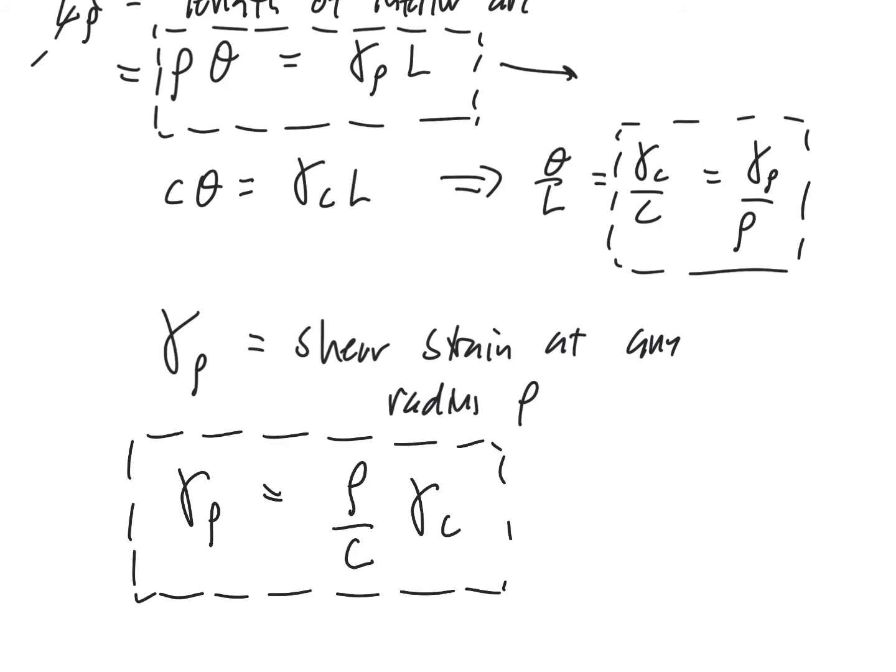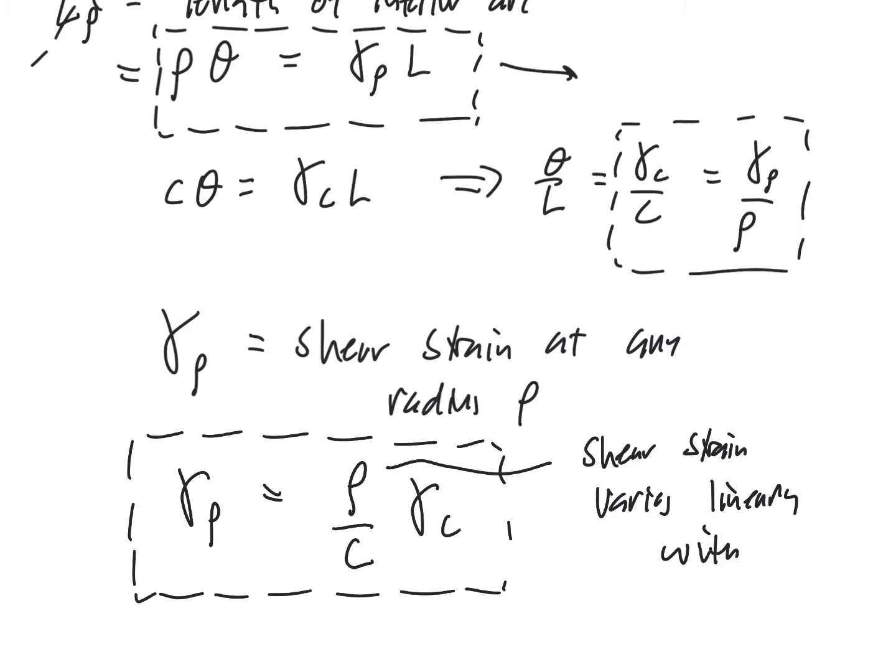And that is a big, big result for us. This is huge, because it basically says that the shear strain varies linearly over the cross section. So shear strain varies linearly with the radial distance rho. Big result, and that closes out our part B.